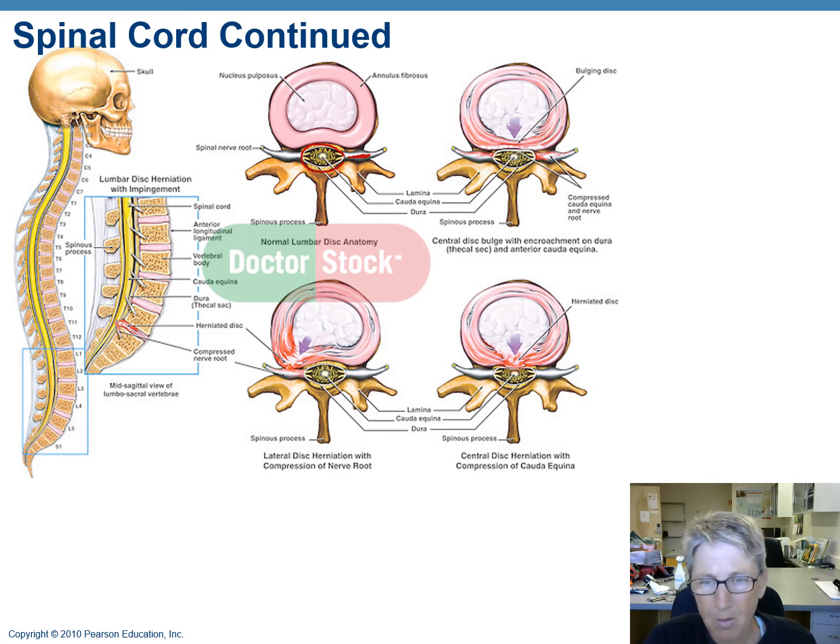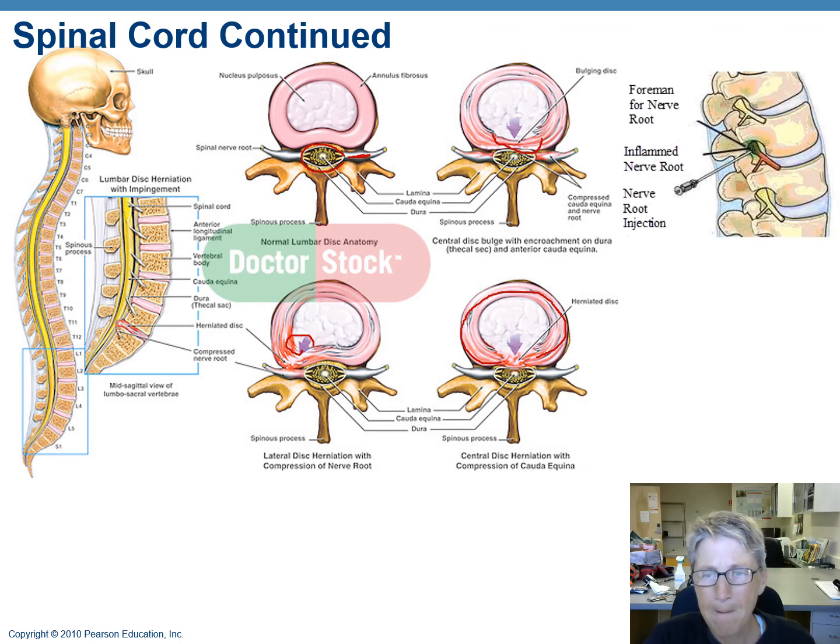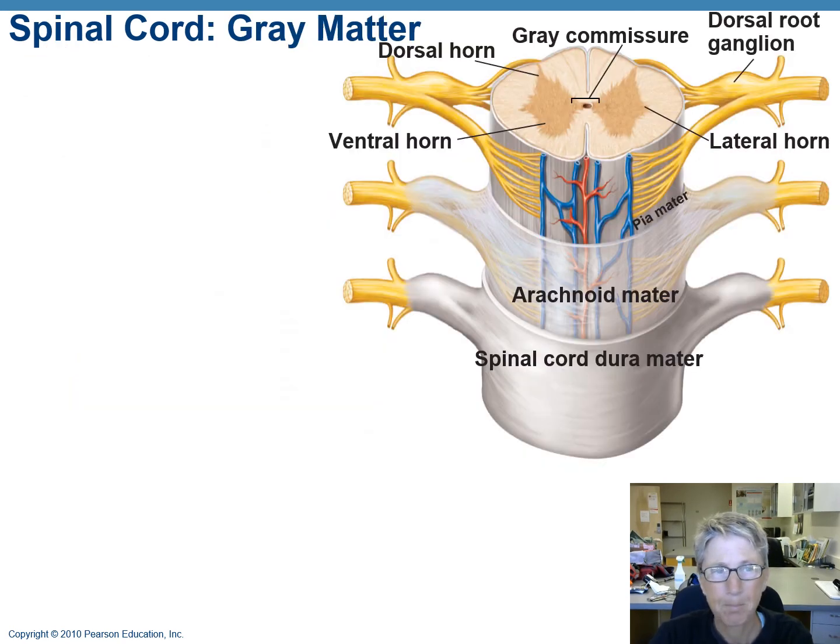The disc from the spinal column can bulge centrally. The disc can bulge laterally to the side. And then you can also have a herniated disc that goes through this protective connective tissue, or annulus fibrosis, around the cord. And the way you can take care of those herniations, I think you can inject an anesthesia to the inflamed nerve root that's being pressed on.